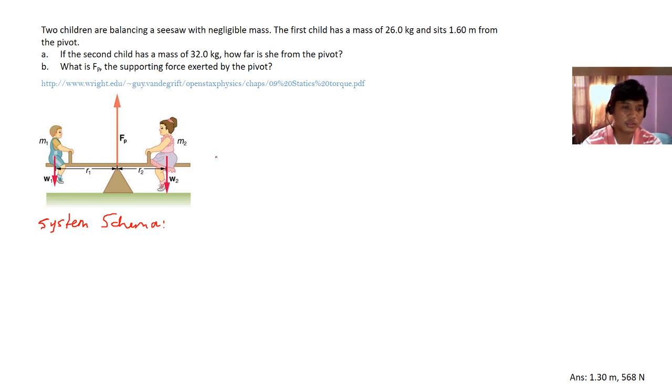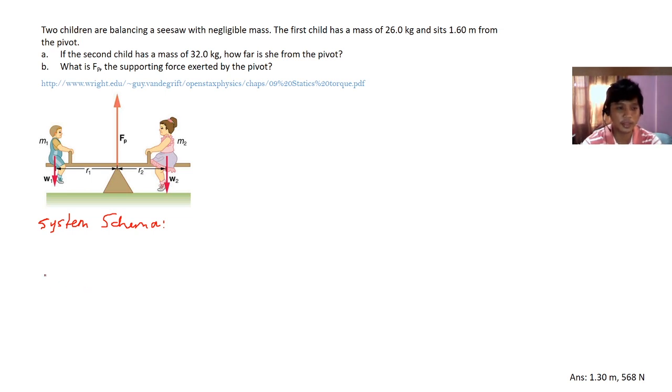And the two children are also a part of our system. So, to create a system schema, and we're doing this because we want to know all the forces that are acting in the system, before we do the free body diagram, which I know most of you are familiar with, we have to create a system schema. And from now on, I will require you to do this.